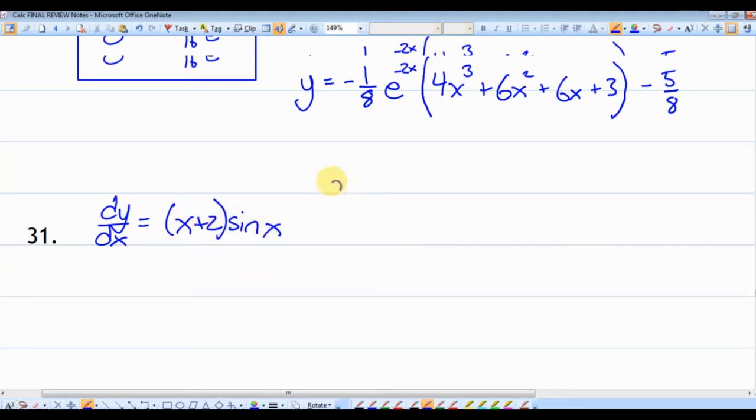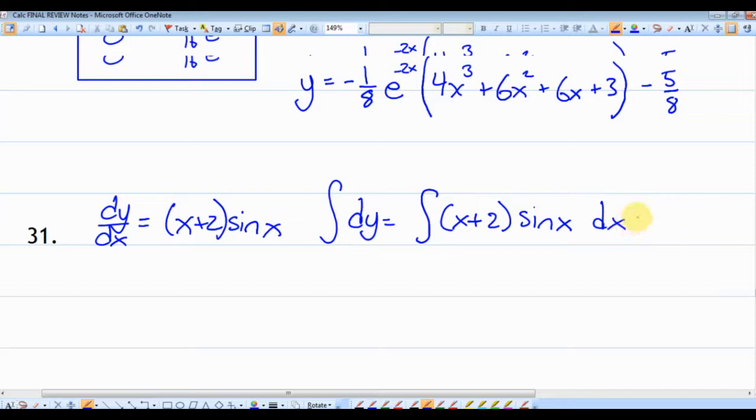Integral of dy equals the integral of x plus 2 sine x dx. How do we integrate this? Tabular. Integration by parts, can I use the tabular method? Yes. What's u? x plus 2. What's dv?